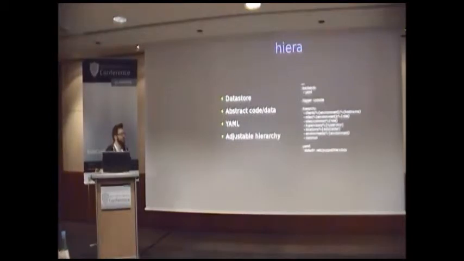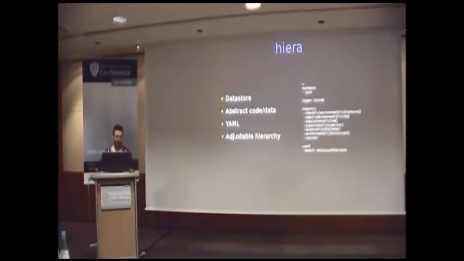Next up is Hiera. It's a data store, as I've mentioned. It contains all of the configuration data you want to use in Puppet, so you can abstract your code from your data. It's easily written, it's YAML based, so the configuration and the data are all stored in YAML, which is really easy to write or to parse with other tools you have.